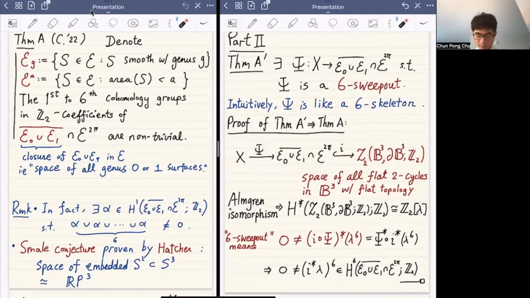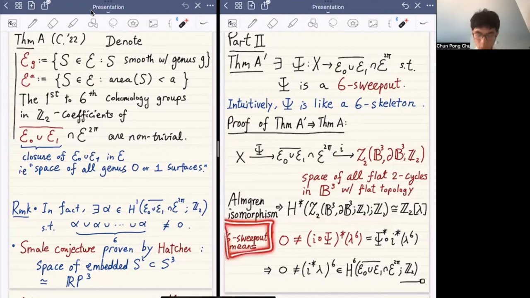And then we have the Almgren isomorphism, which tells us about the topology of this space. It says the cohomology ring of this space with Z2 coefficients is nothing more than the polynomial ring with Z2 coefficients. So basically, the kth cohomology group of this space will be given by lambda to the kth power. So this is what the Almgren isomorphism says.